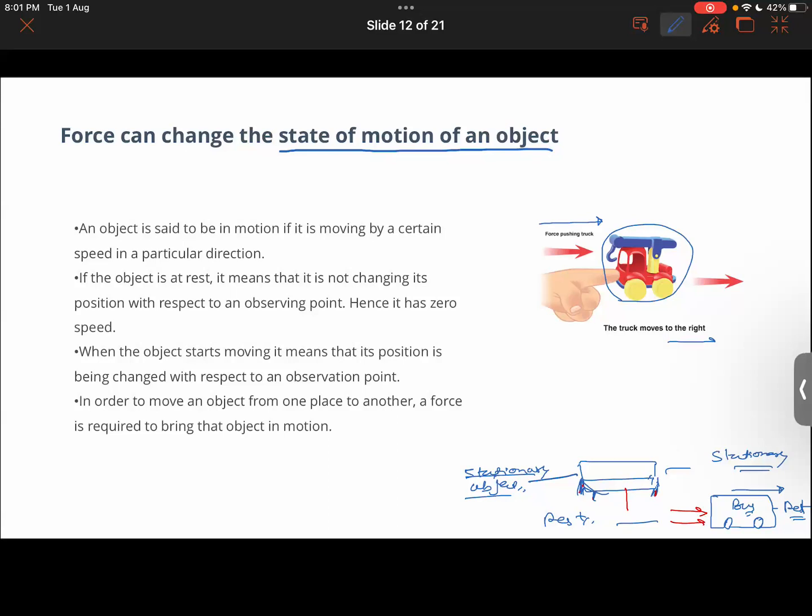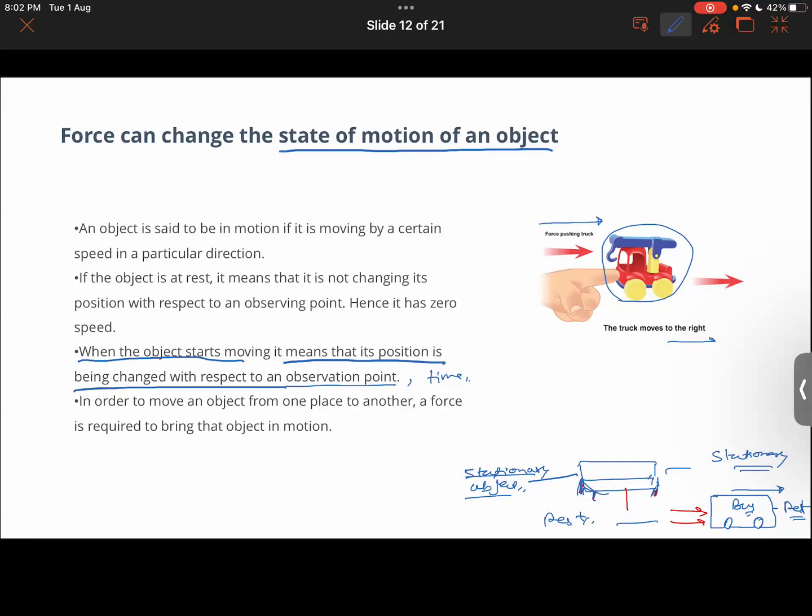The motion of an object is always defined as the change of position of the object with respect to an observation point. As you can see here, when the object starts moving, it means that its position is being changed with respect to an observation point. One more thing you can add here is time. With time, the position of the object might change.